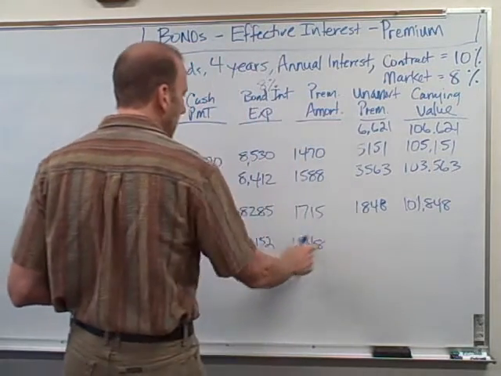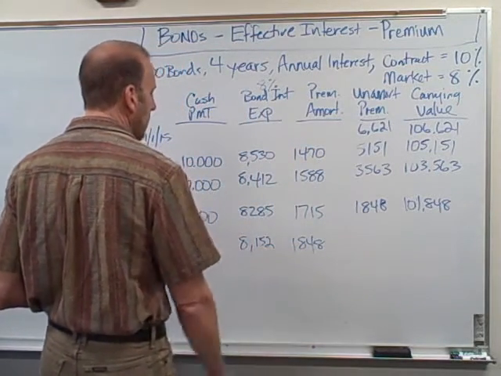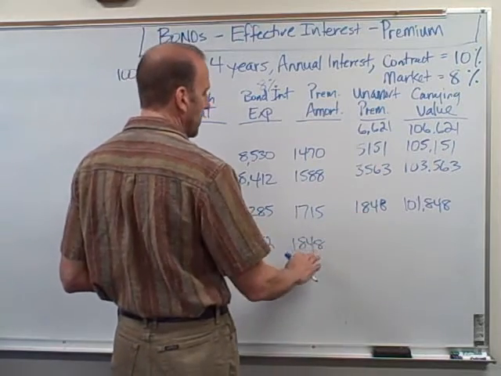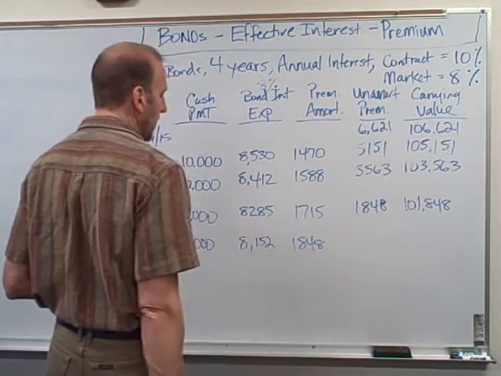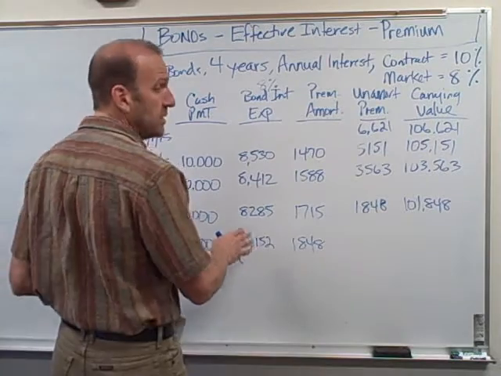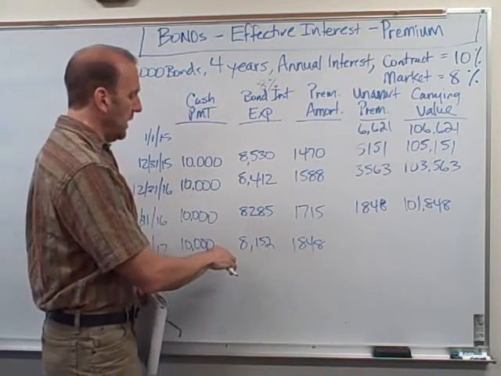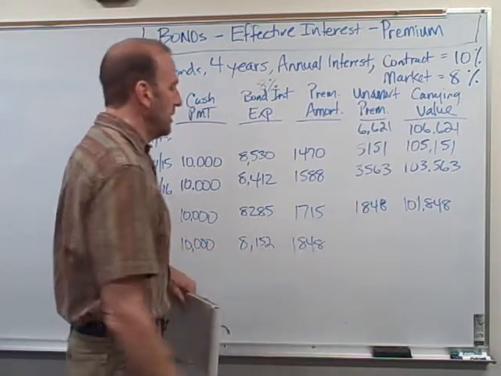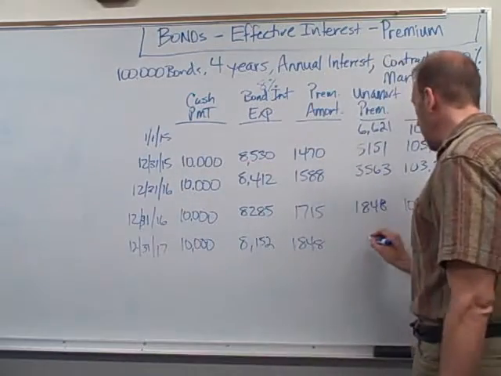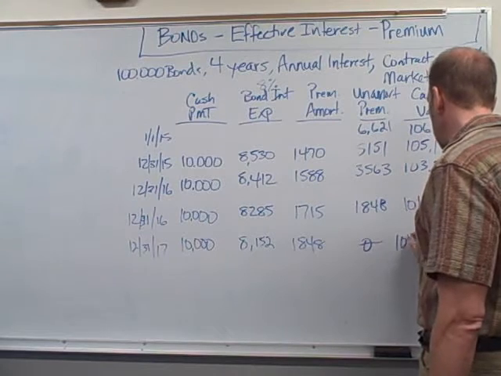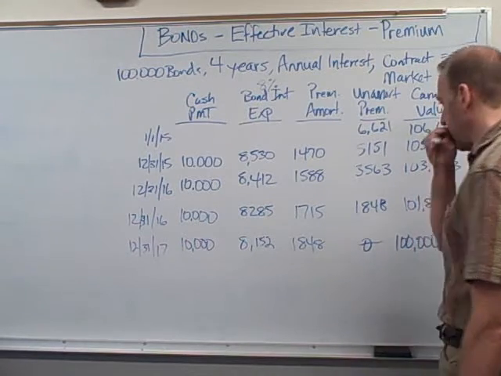So this is going to have to be 8,152. Usually in your last year, you just force this to work, because if you're using the tables to calculate the value, you're going to have rounding errors. So now that we've used 1,848, that's 0, and this is now at 100,000.